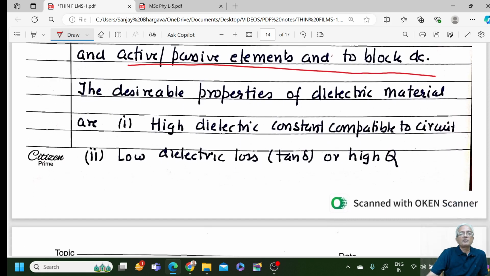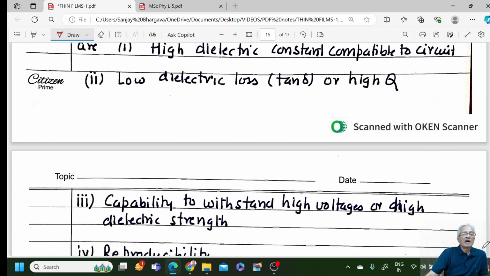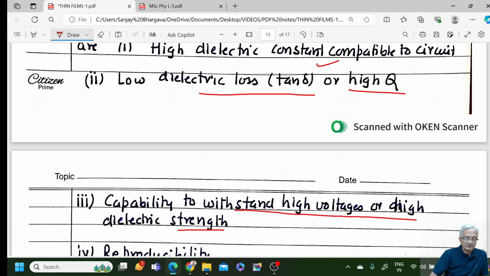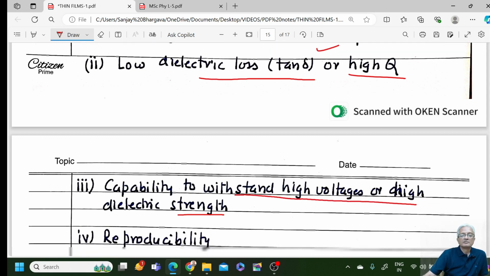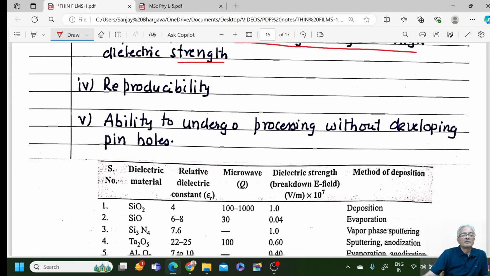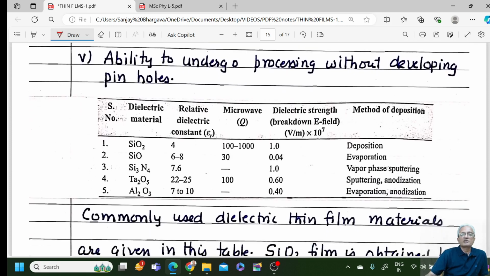The desirable properties of the dielectric material are high dielectric constant compatible to the circuit, low dielectric loss, that is tangent delta has to be as small as possible so that we have a high quality factor Q, capability to withstand high voltages or high dielectric strength, reproducibility, ability to undergo processing without developing pinholes.